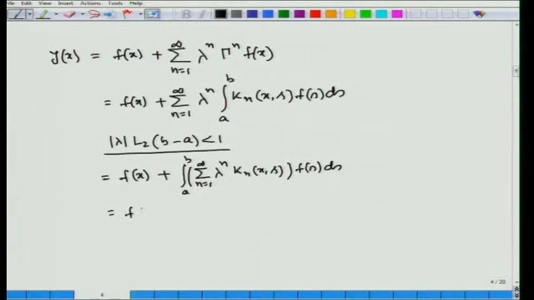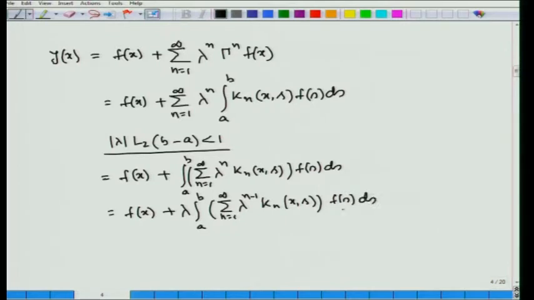Now, taking one lambda outside the integral sign, we can write this as f(x) plus lambda integral a to b of the sum over n from 1 to infinity of lambda to the power n minus 1 kn(x,s) f(s) ds.